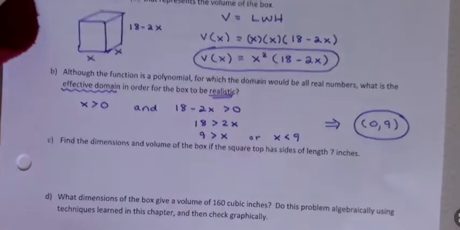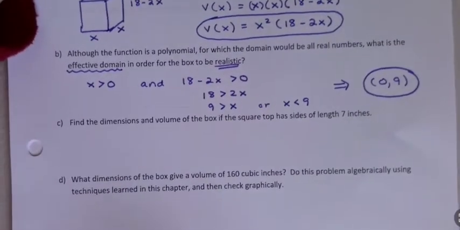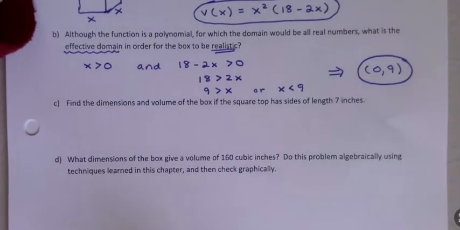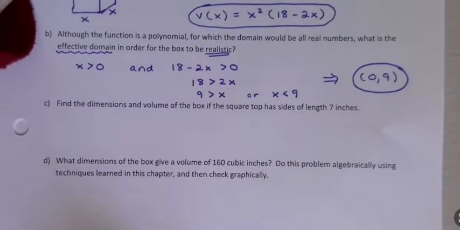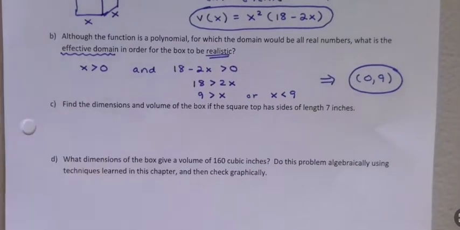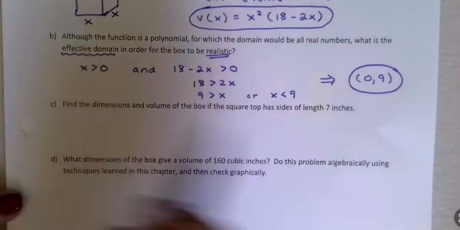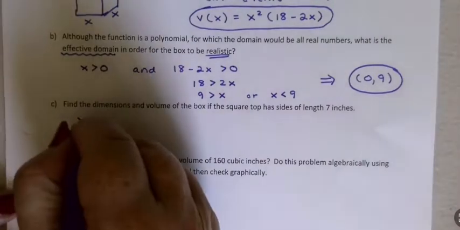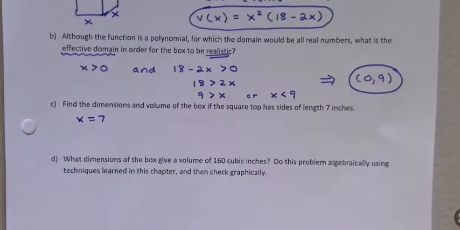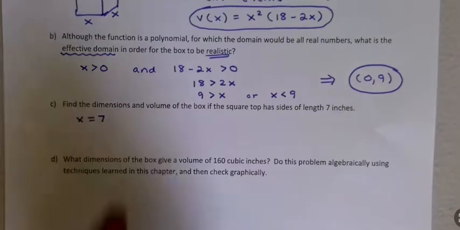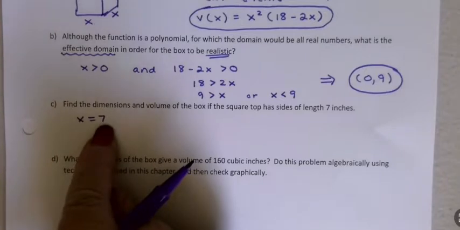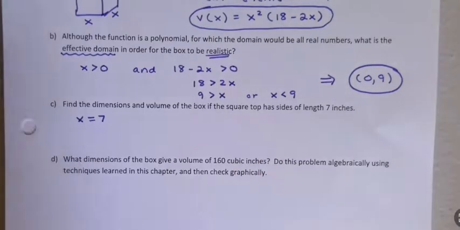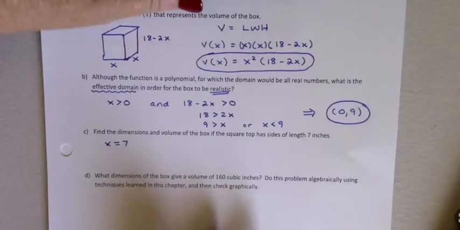So the next thing I'm being asked to do is to find the dimensions and the volume if my square top has sides of length 7 inches. So what I'm basically being told here is the square is 7 by 7, right? Or in other words, x equals 7. And first of all, the dimensions, the 7s are the length and width. Make this a little bit bigger so you can see more.